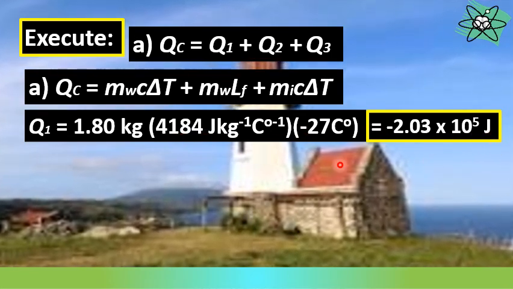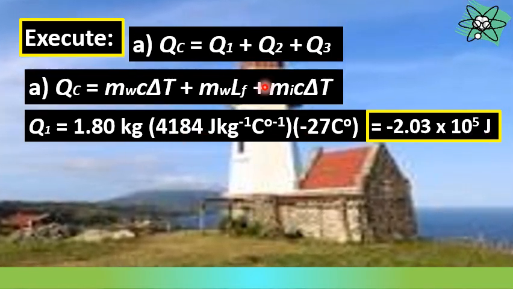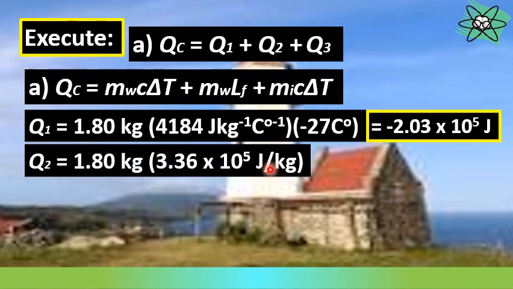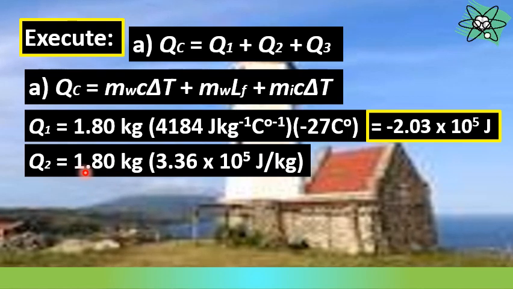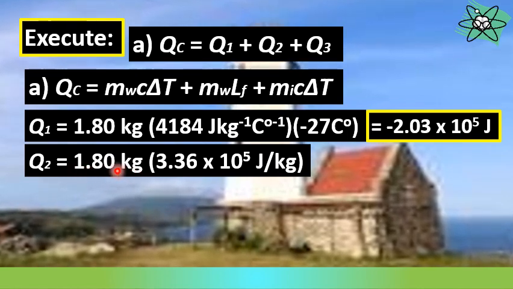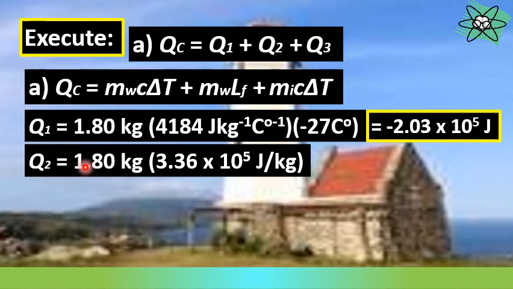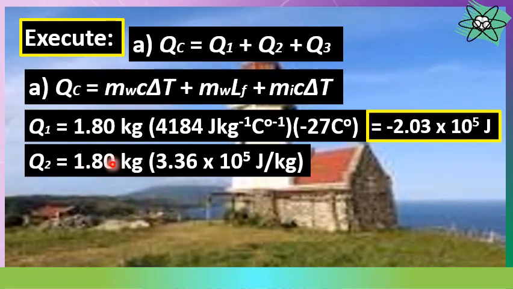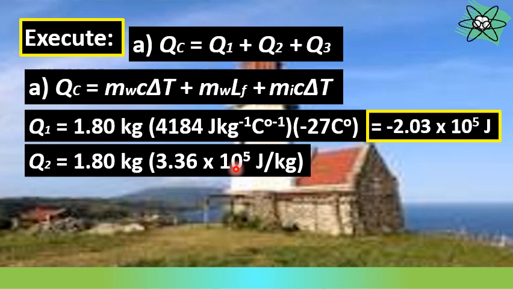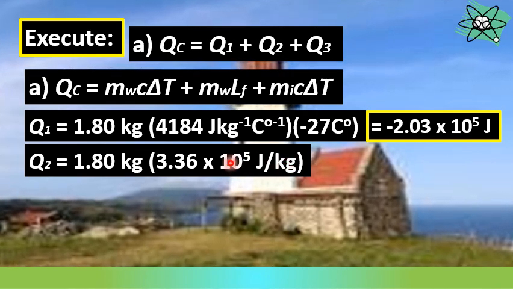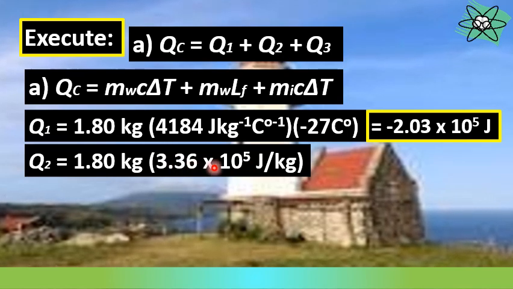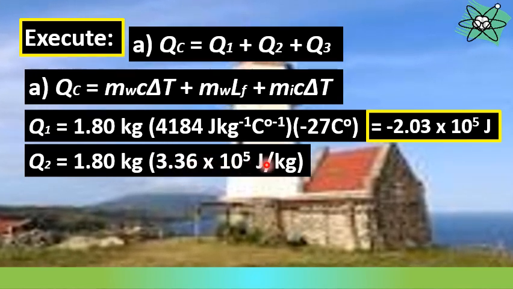All right. So for Q sub 2, that is equal to 1.80 kilogram. This is the mass of water that's going to freeze. The latent heat of fusion for ice is 3.36 times 10 to the fifth power joules per kilogram.